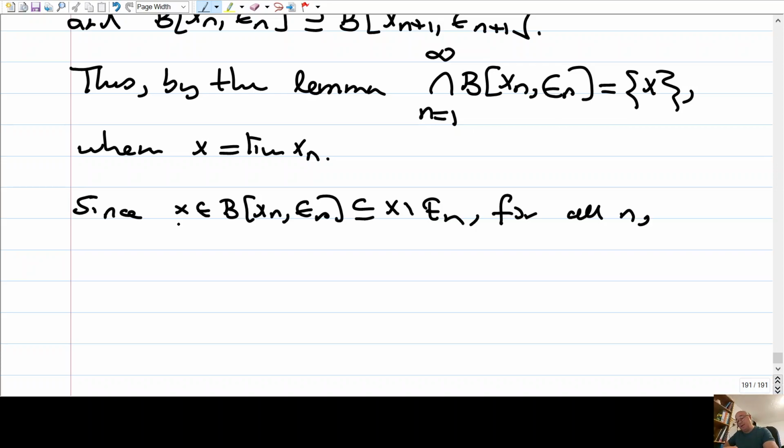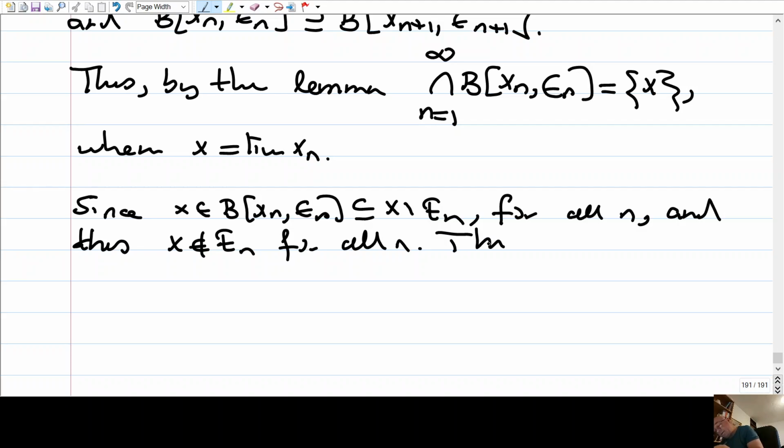So you see, x is in this ball and it's not inside En for all n, and thus x is not in En for all n.